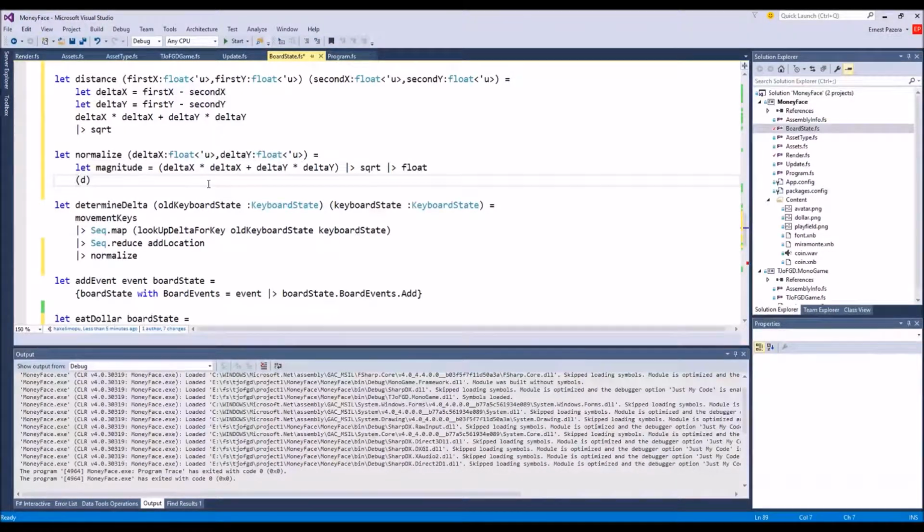Because really what I want is delta x divided by magnitude, delta y divided by magnitude. I'm still new to units of measure. So then I normalize.